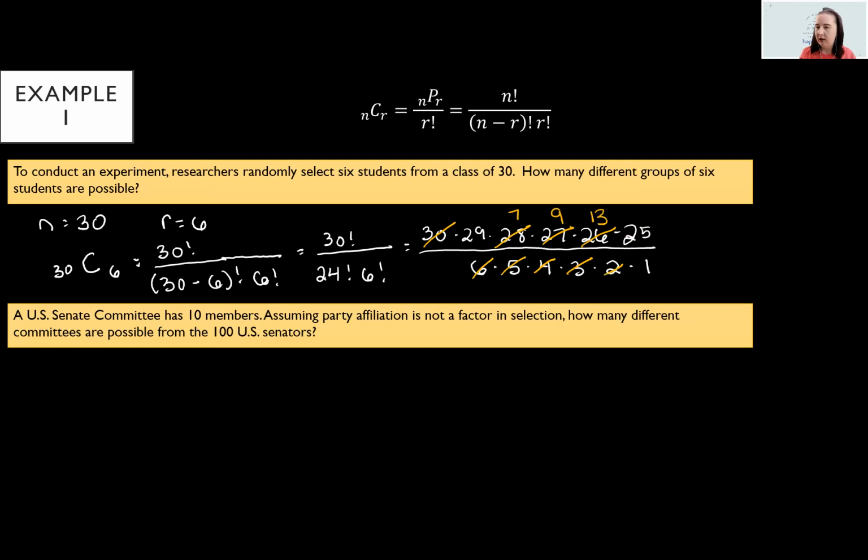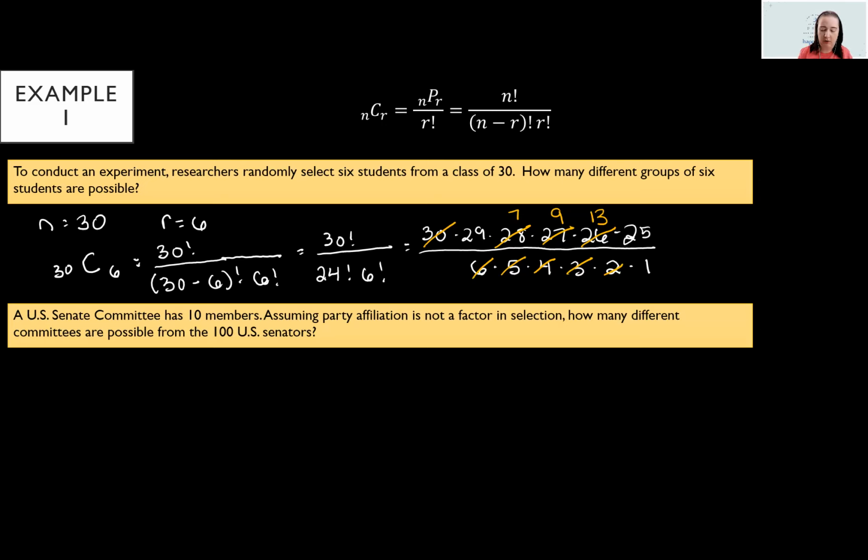So you can narrow this down and cancel things out so you have smaller numbers to work with, and you don't have to worry about having this big giant number in your calculator, because depending on your calculator, you may not be able to show every single digit.